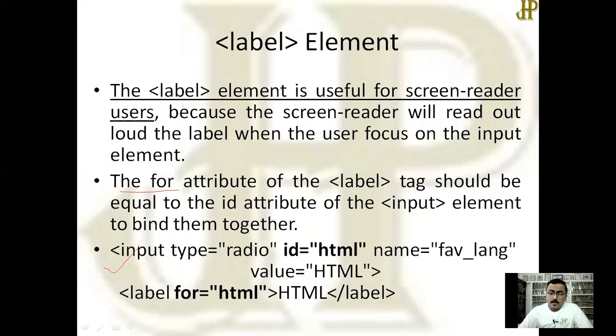So here you can see that you always see everywhere, whenever there is a radio button, in each radio button there will be a value. For example, gender. So one radio button is for male, one radio button is for female. For that purpose, I have given label for is equal to HTML, and that HTML value should be matched with the ID attribute of the input.